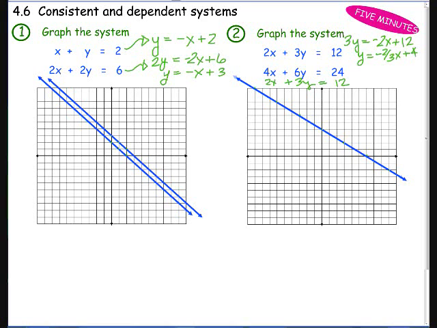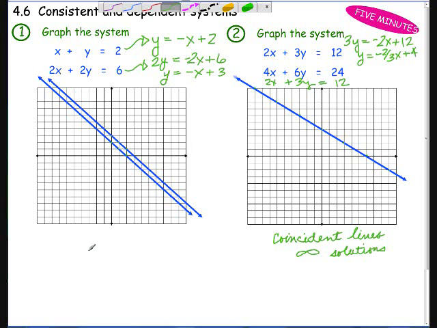We would refer to this set as coincident lines. These are equivalent equations, and produce graphs of coincident lines where the number of solutions you have are infinite, an infinite number of solutions, because they share every point.